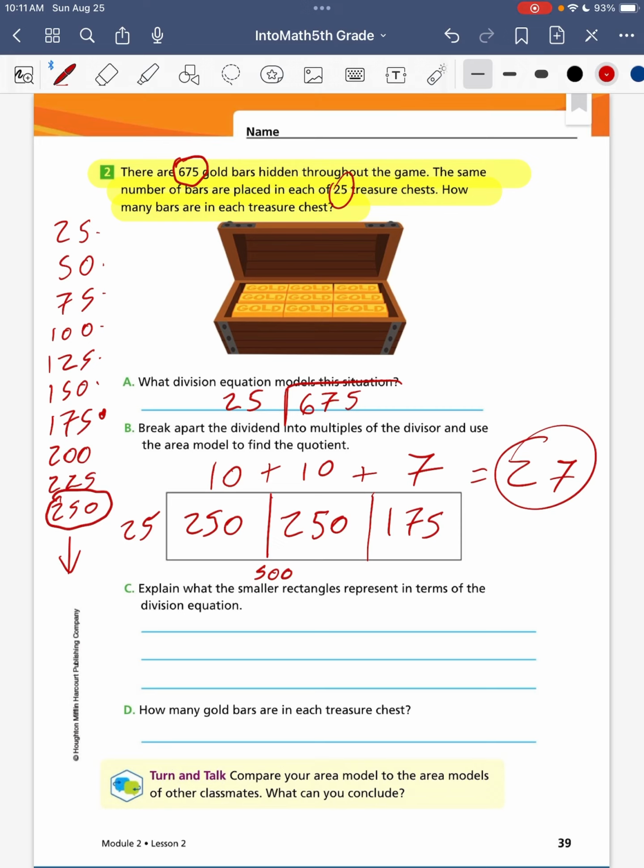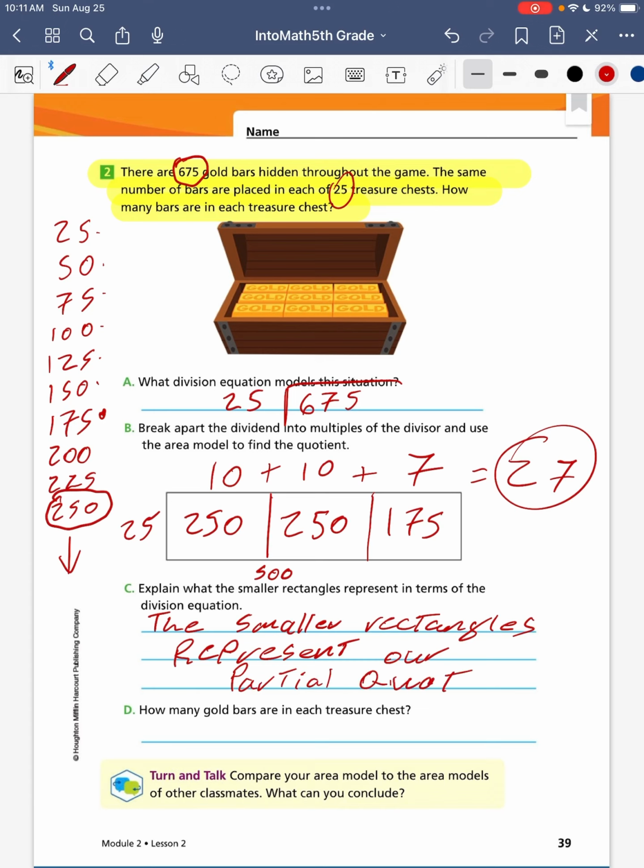These smaller rectangles represent our partial quotients. Based off the math that we showed here, there are 27 gold bars in each chest.